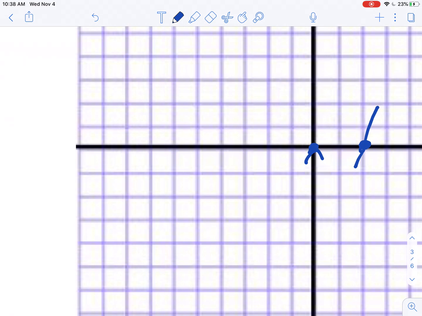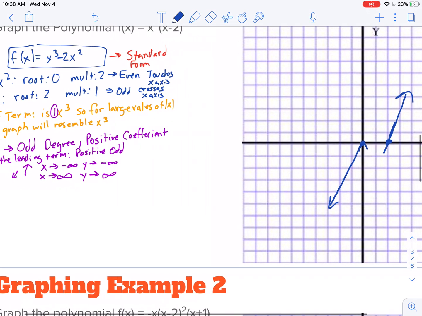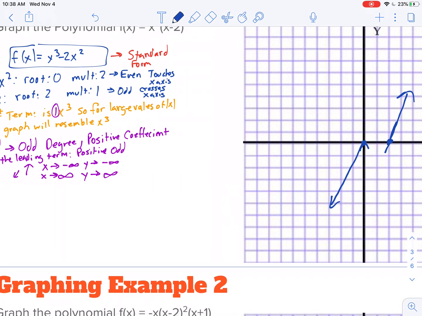So far, this makes sense because I know that prior to getting this x-intercept, it has to be going in this direction forever and ever. Just like after this x-intercept, it has to be going in that direction forever and ever. So that matches up with my positive odd rules that as x approaches negative infinity, y approaches negative infinity. As x approaches positive infinity, y approaches positive infinity. But this is not enough to kind of know what my graph looks like.